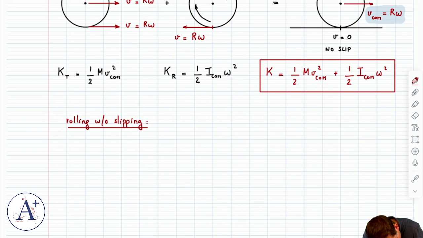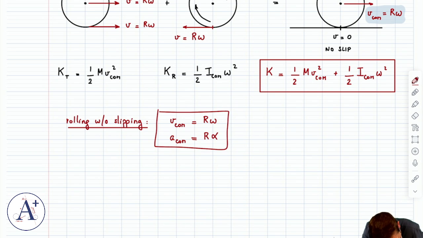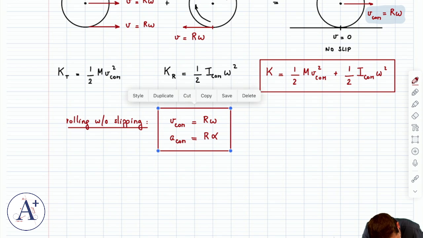It means that v center of mass is equal to R omega, and therefore a center of mass is R alpha. Very important to keep that in mind.